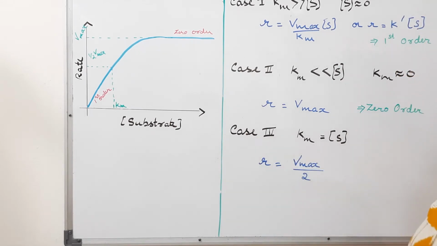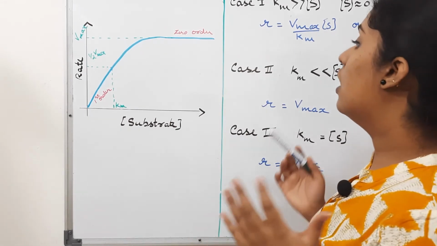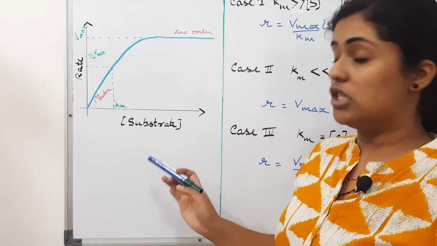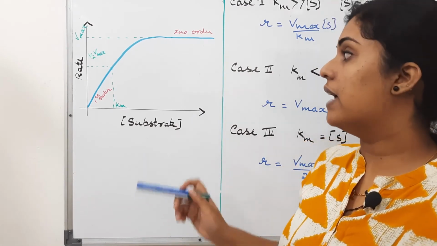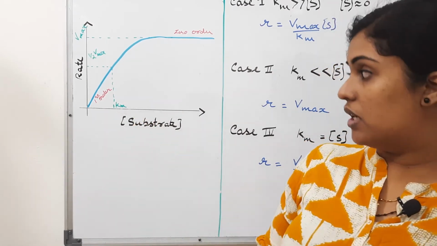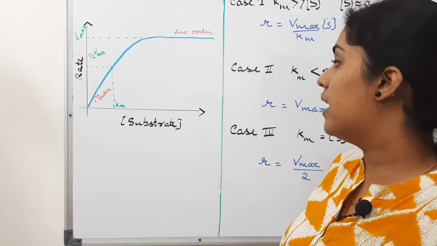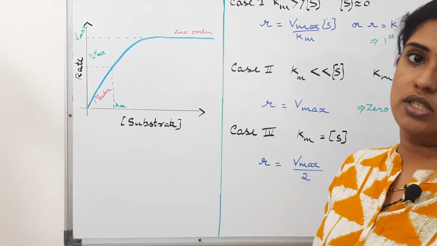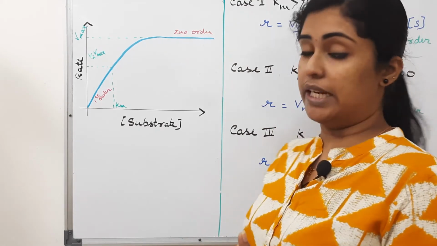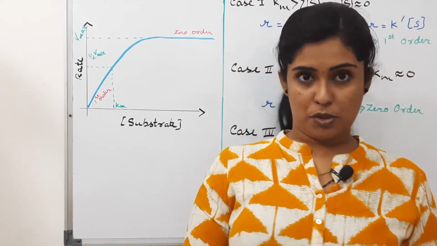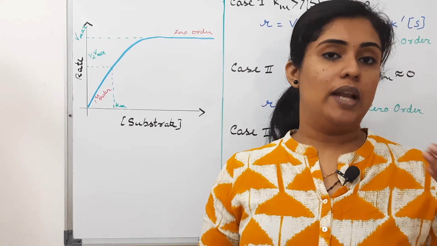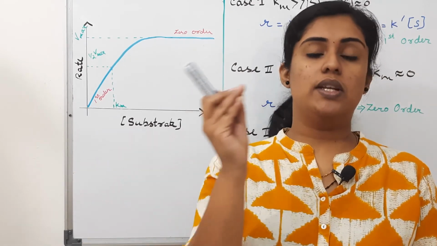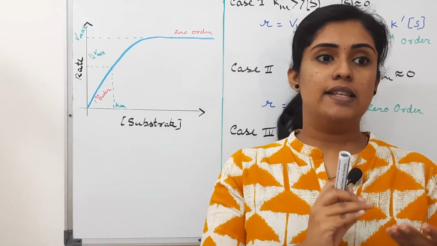Okay. Now another thing is, why is it that my enzymatic reactions behave as first order at lower substrate concentration, and why does it behave as zero order in case of higher substrate concentrations? So initially when you have a very low substrate concentration, you will have your enzymes and your substrates would come and attack these enzyme positions.